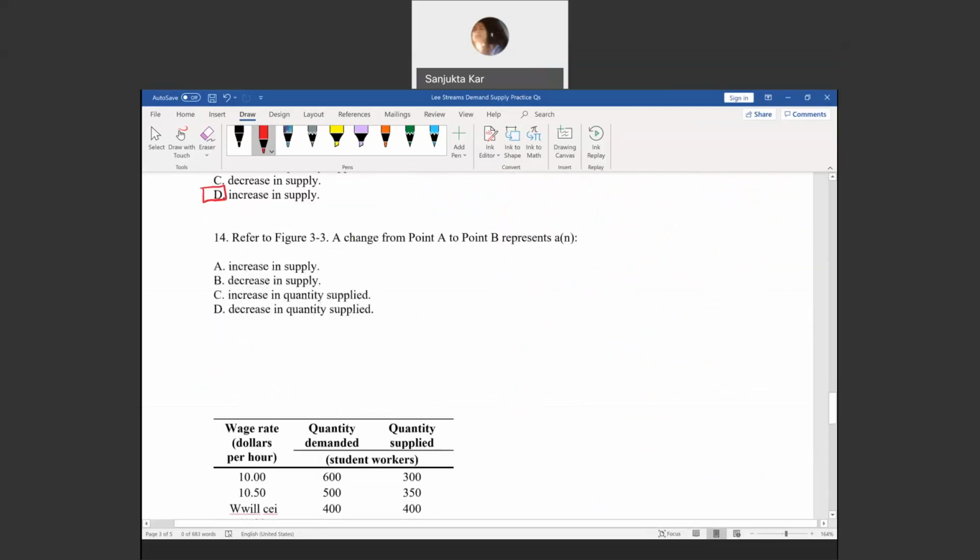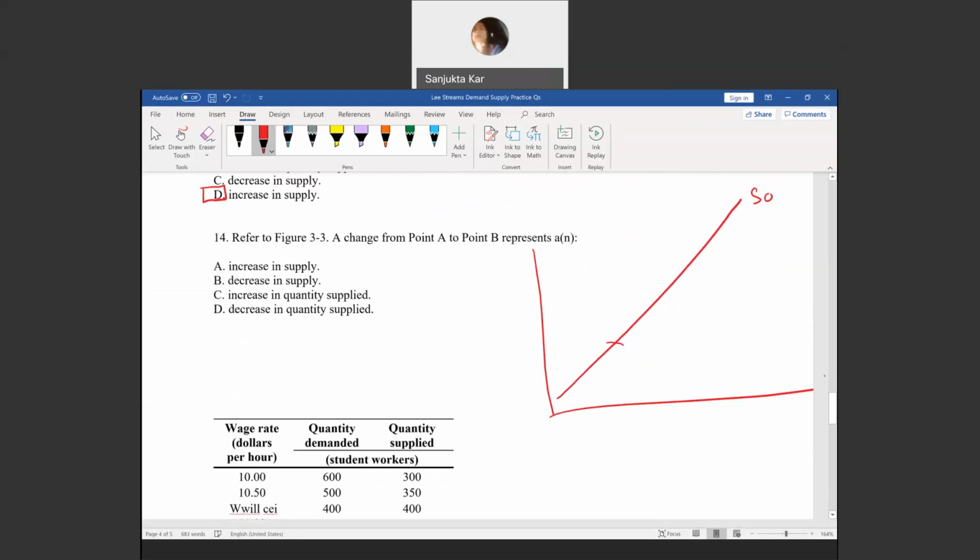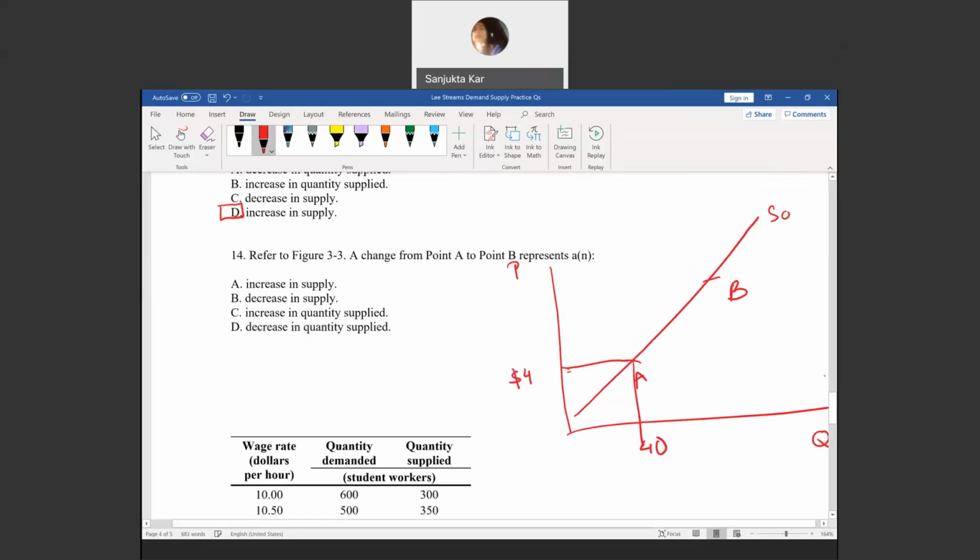Let me draw this here. So this is supply curve S0 here. We move from point A to point B. This is the price. This is the quantity. Let the price be equal to $4 and the quantity be equal to 40. That's the equilibrium quantity rather. So at point B, the price is 5. Quantity supplied is 50.